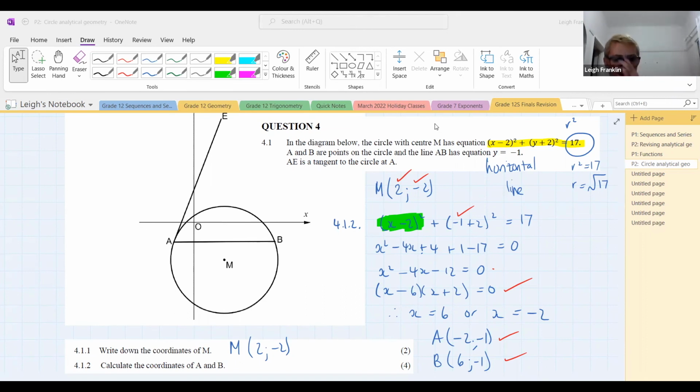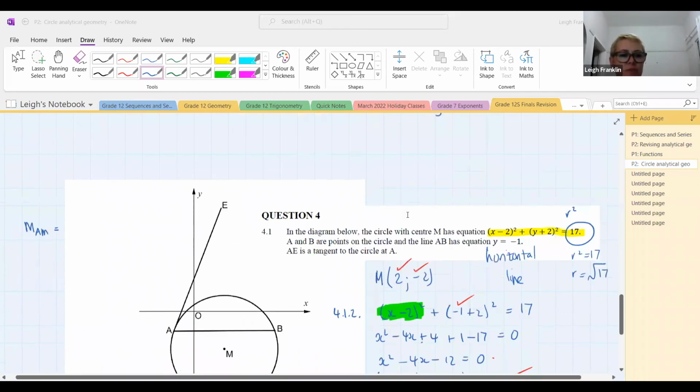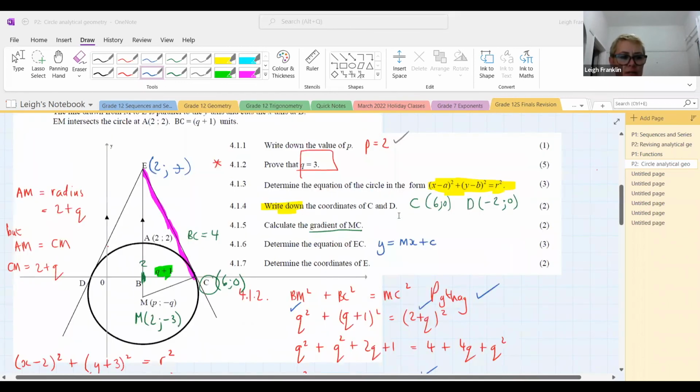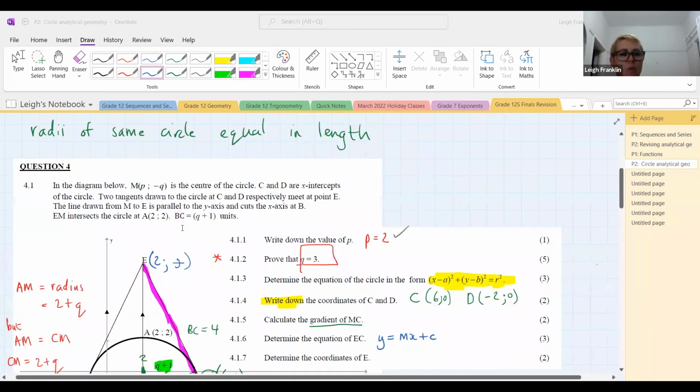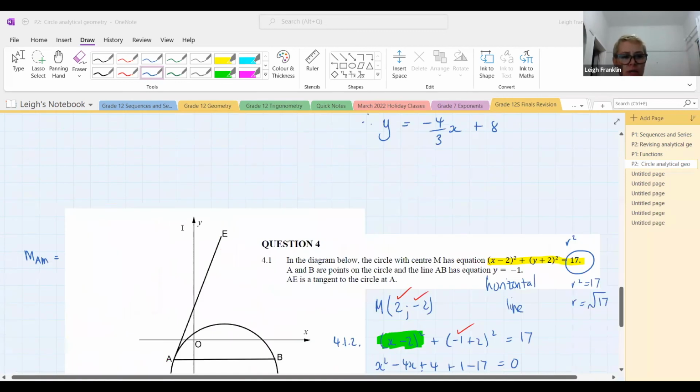Okay, so teacher says find the gradient of AM, all right, and then what? Exactly. So we're going back to the same critical piece of information that we were talking about at the beginning of the lesson. In other words, the gradient of the tangent times the gradient of the radius equals -1. So very, very important to us.